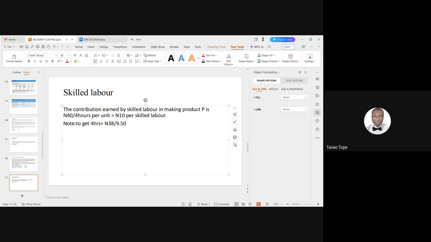Yes, 9.5. So that is how to get that, showing that 9.5.